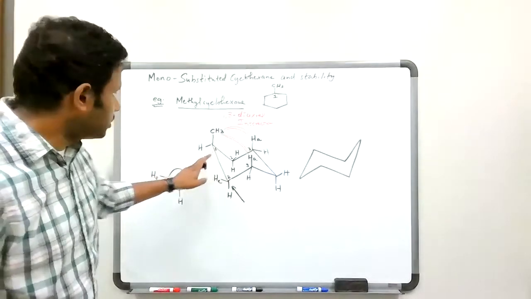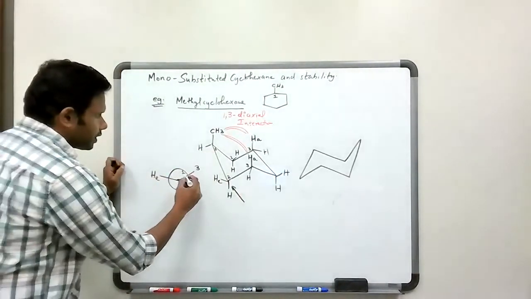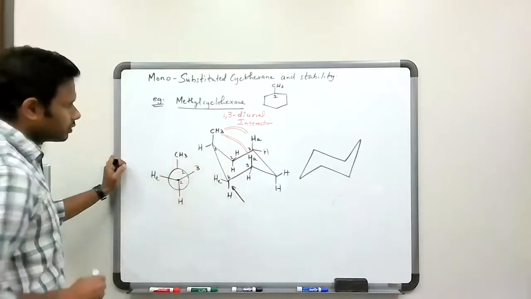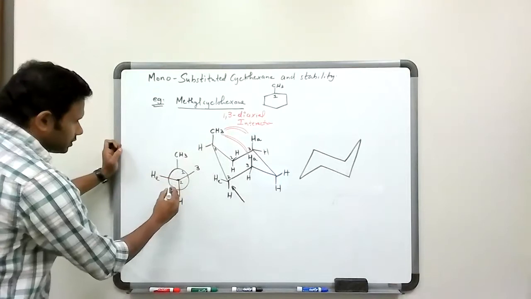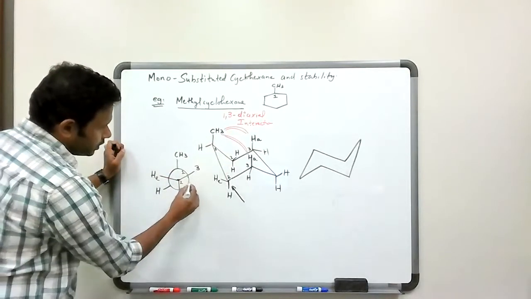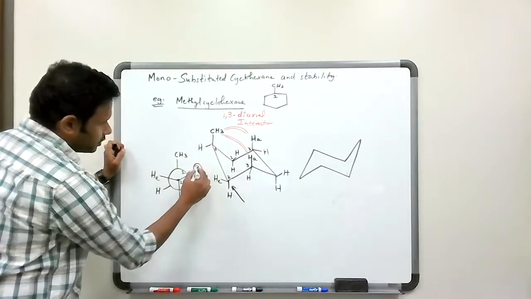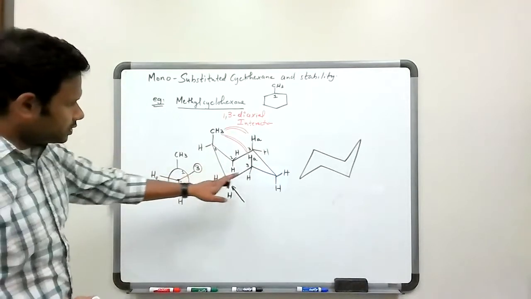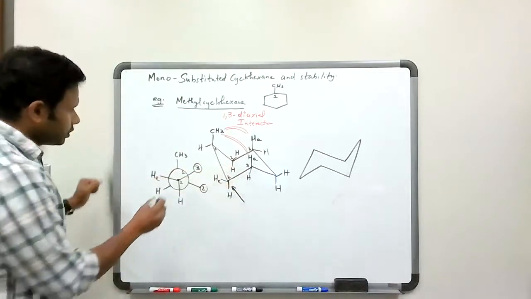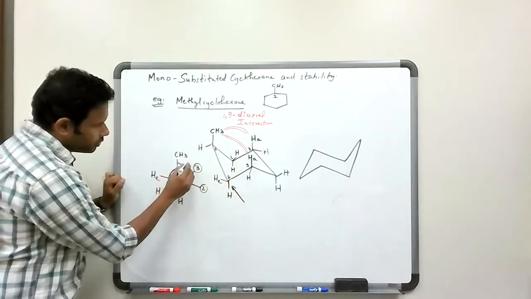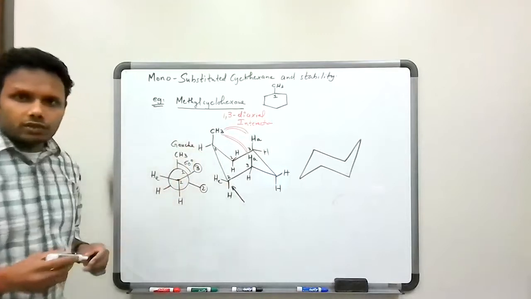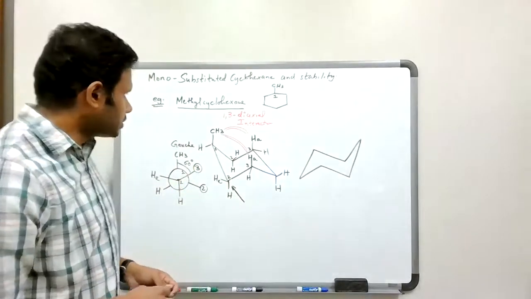On that carbon, I see the methyl group pointing up. I see hydrogen to the left, and I see carbon 2 going down here. So these are carbons. This is the third carbon. This is the second carbon here. And what you notice is these two carbons are gauche with respect to each other. So that's the gauche interaction that we were talking about.